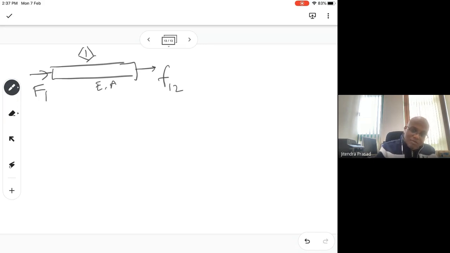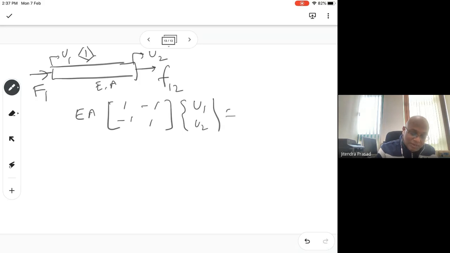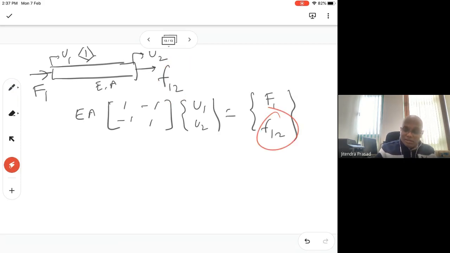We can derive it the same way, and we will find that the value will be EA, then 1 minus 1 minus 1, 1, and then you have U1, U2 equal to F1 and F12. We have already derived this, exactly like this one.